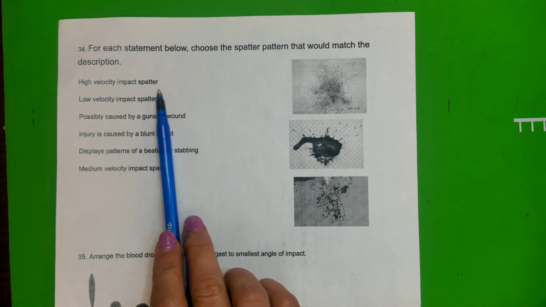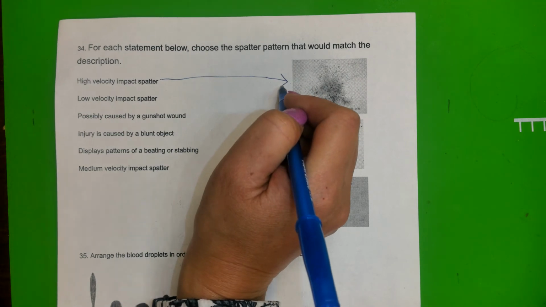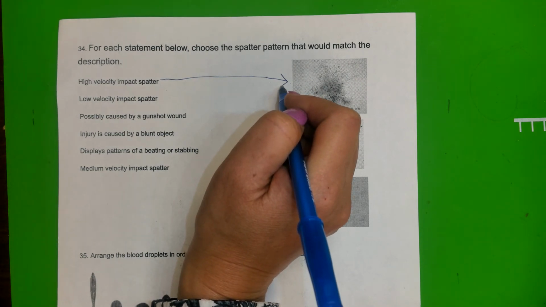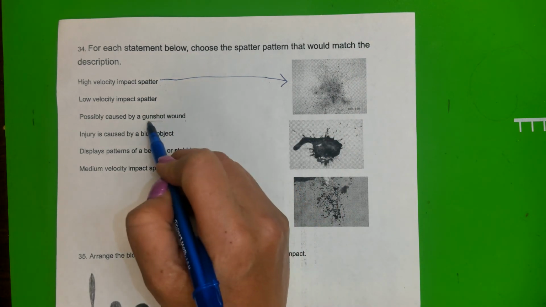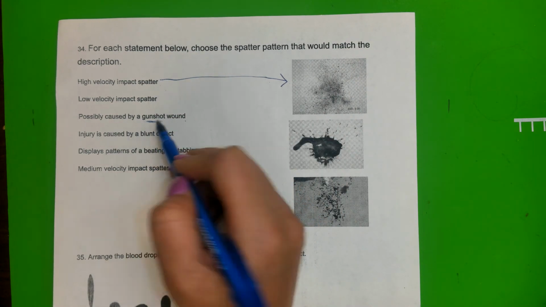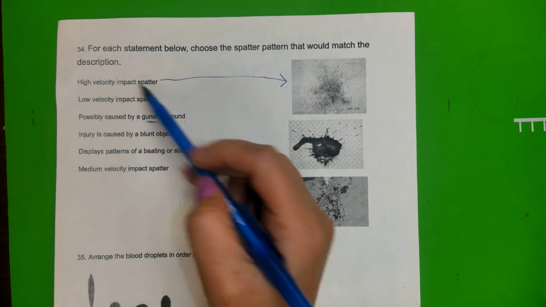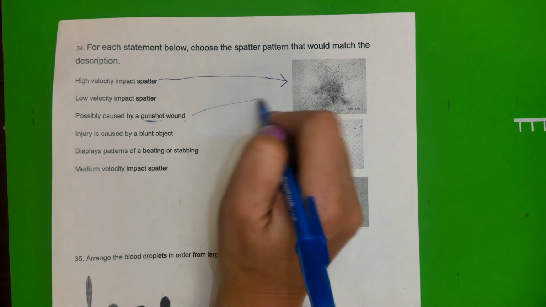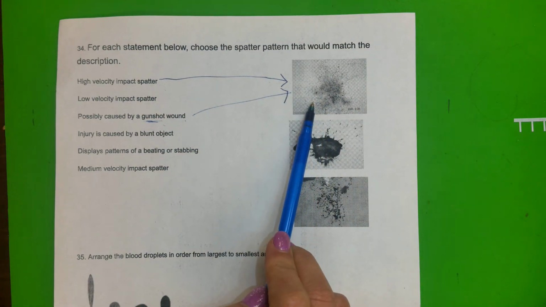So that will be high velocity impact spatter. And then from there, a gunshot wound, like if you use a gun, that has high velocity, high impact. So that's for high velocity.